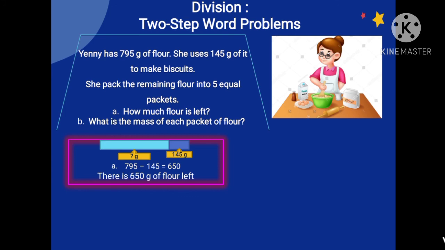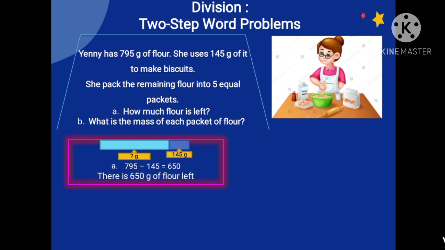So the second information we got, she packed the remaining flour into 5 equal packets. So how many is the remaining flour? Yes, 650. Packed into 5 equal packets means, remember, equal, share equally. It means the clue for division.